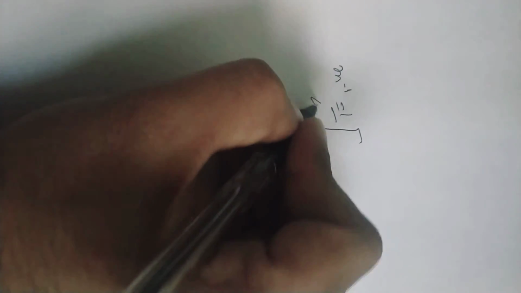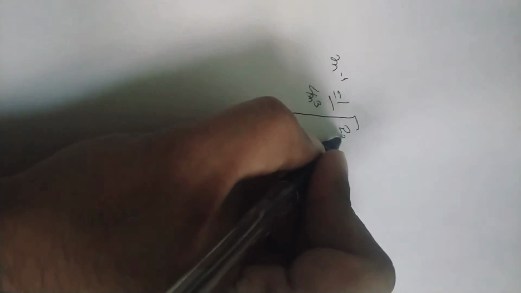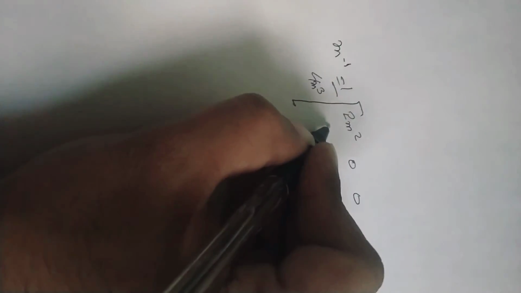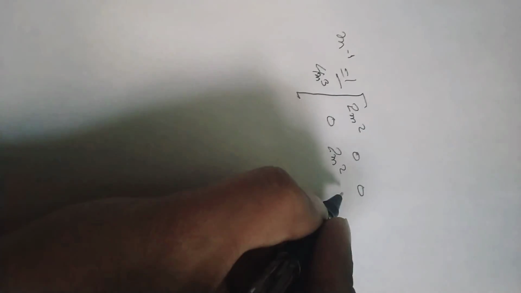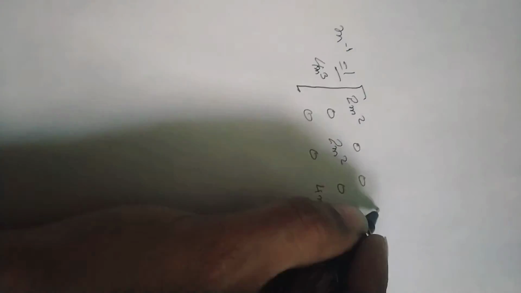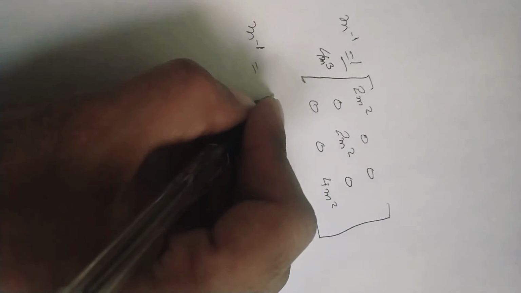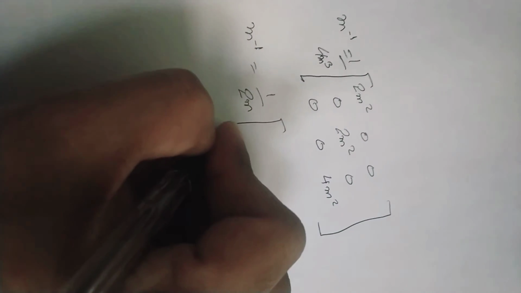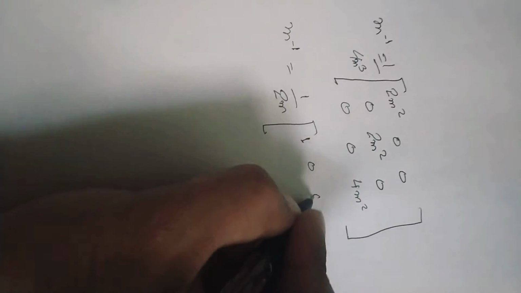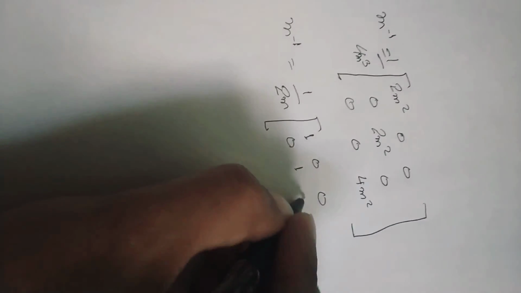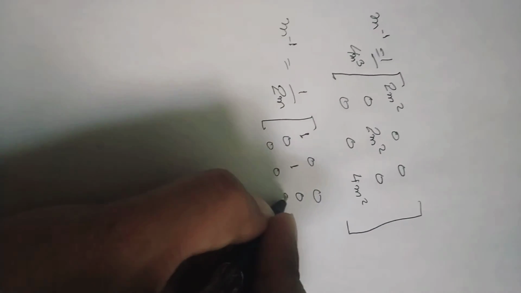Now move further. We have the value of m inverse equal to 1 upon 4m cube times 2m square, 0, 0; 0, 2m square, 0; 0, 0, 4m square, or we can write it as m inverse equal to 1 by 2m times 1, 0, 0; 0, 1, 0; 0, 0, 2.